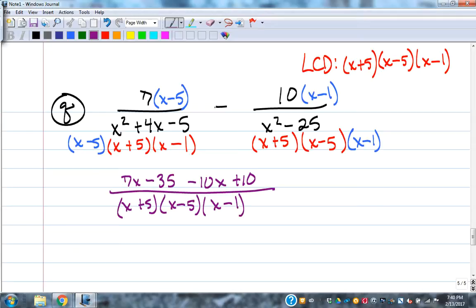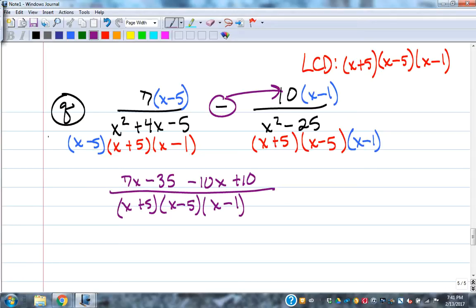I took this minus sign with the 10 when I distributed that. That's a kind of trickery thing that they're going to throw in there. If it's a plus sign, it's not going to mess with you. But if it's a minus sign, you want to say, I have to subtract, so distribute the negative with it to work that out.